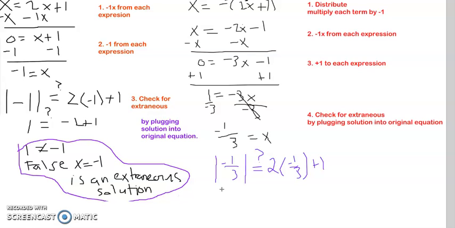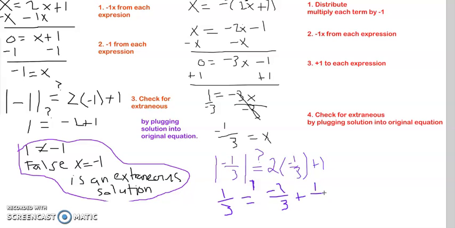Again, if you take the absolute value of something, that something will always be positive. So is 1/3 equal to negative 2/3 plus 1?